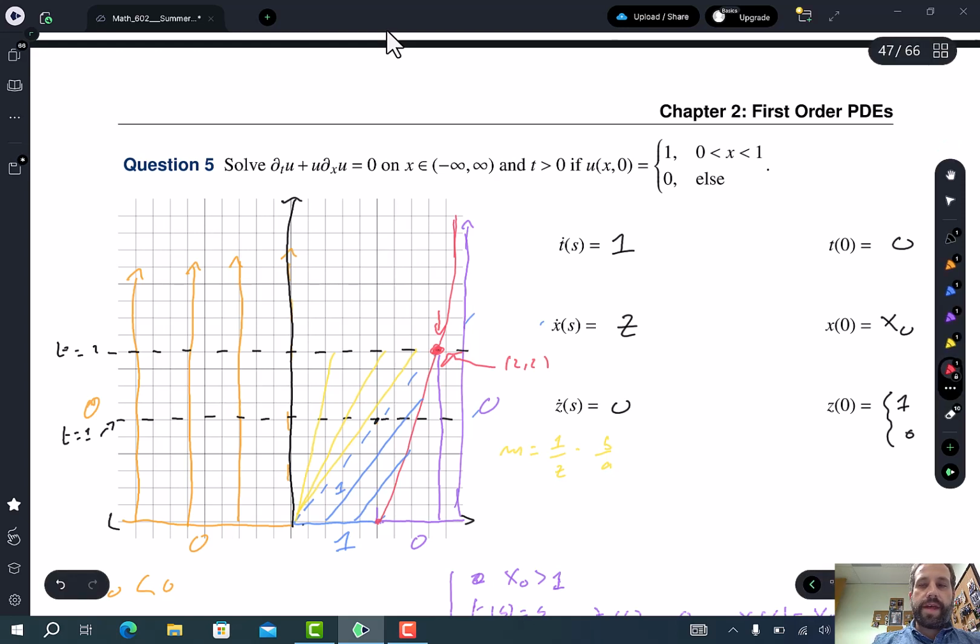Let me make that look a little bit better. It's going to be a parabola that goes up like this. Okay, so I might have the characteristics going like this. And then this characteristic is going to meet it way higher up.